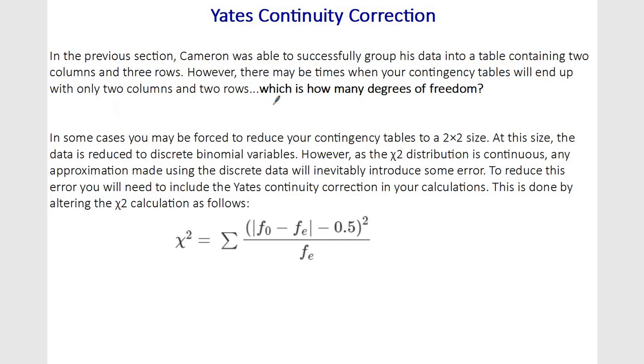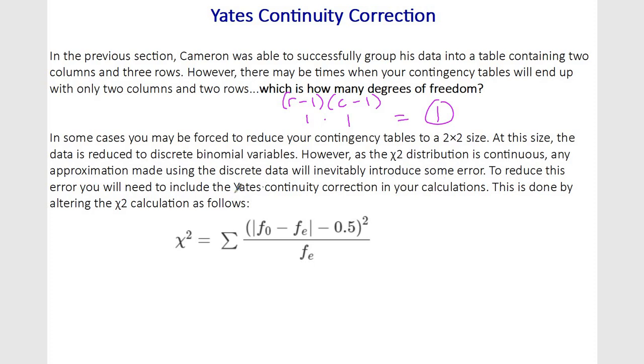With a two-way contingency table, it's rows minus 1 times columns minus 1. So with 2 rows and 2 columns, we get 1 times 1, so 1 degree of freedom. We don't really like that, because that is down to a discrete binomial distribution, and we don't want that. It's continuous, so we have to adjust for this.